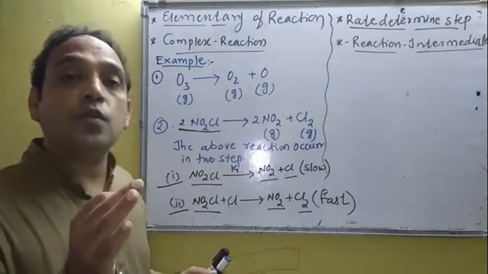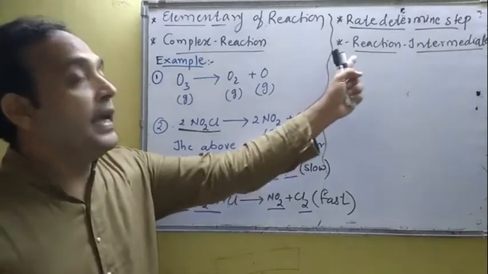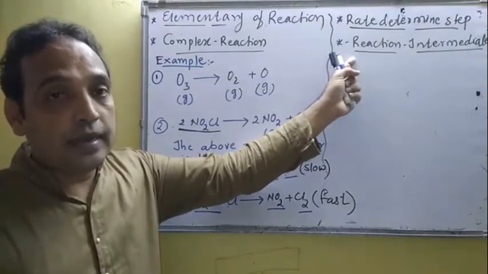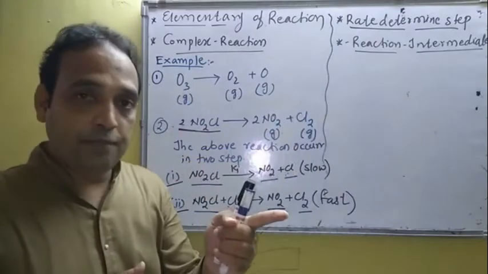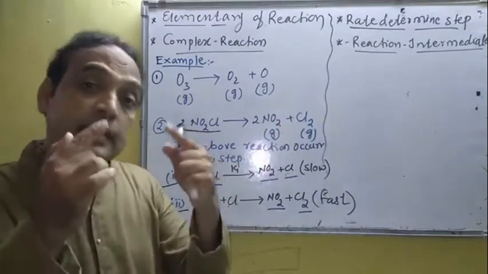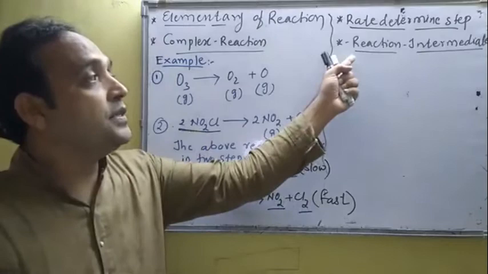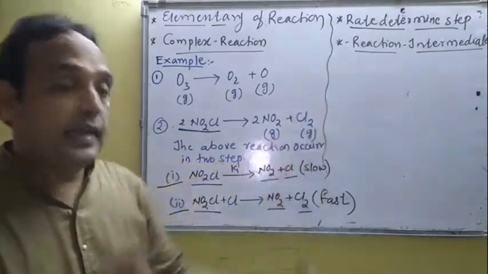That species is called a reaction intermediate. किसको बोलूंगा मैं रिएक्शन इंटरमीडिएट? द स्पेसिस फॉर्म इन फर्स्ट स्टेप एंड इट इज कंज्यूम्ड इन सेकेंड स्टेप. दैट स्पेसिस इज कॉल्ड एज रिएक्शन इंटरमीडिएट.